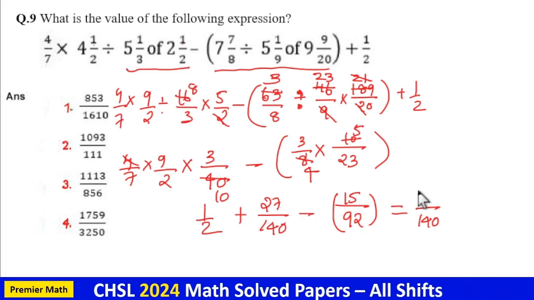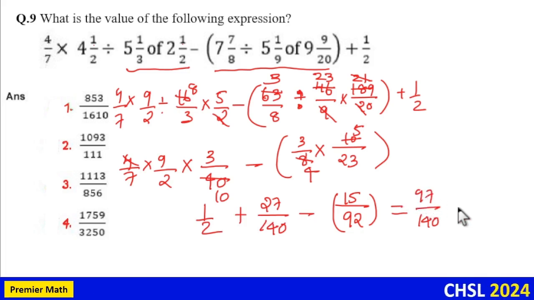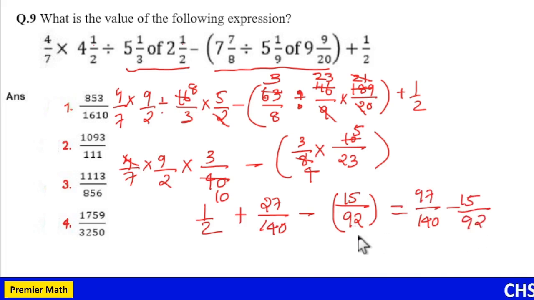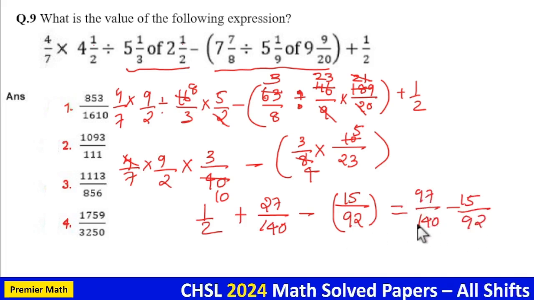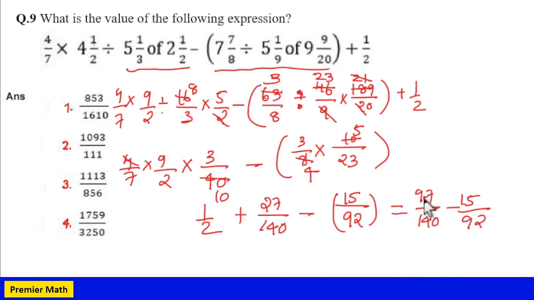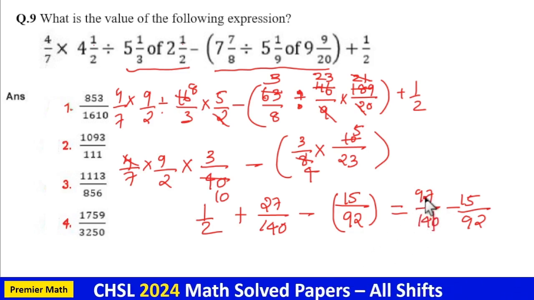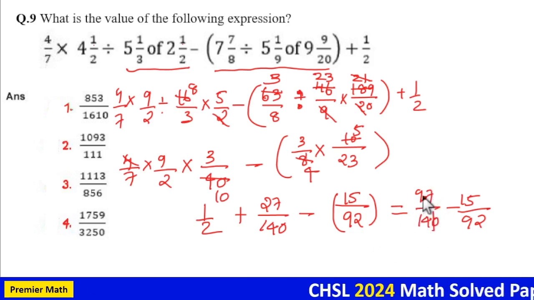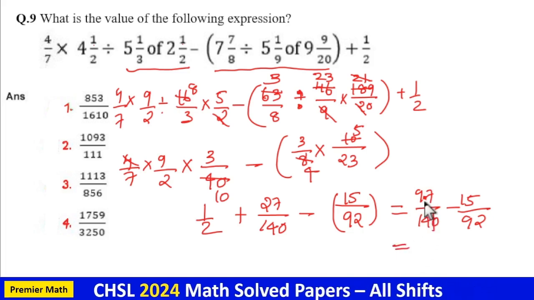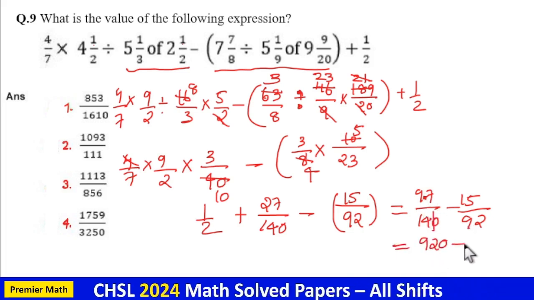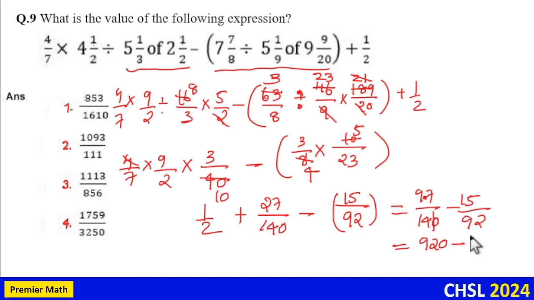So, 70 plus 27, 97 numerator minus 15 by 92. Now, 97 by 140, I will take it as 9.7 by 14. Now, 9.7, I will approximate it as 10. So, this will become 10 into 92 means 920 minus 14 into 15 as 210.